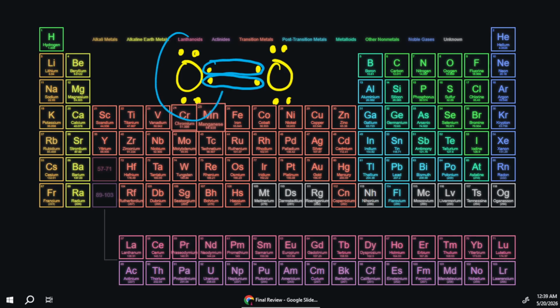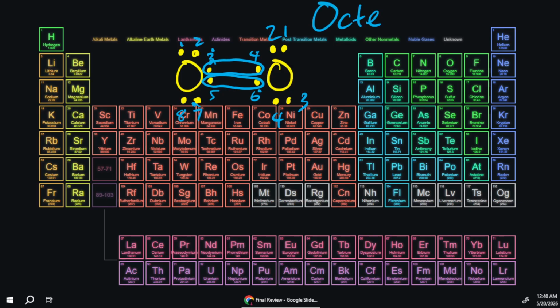So this oxygen right here will have 1, 2, 3, 4, 5, 6, 7, 8 dots. Same thing on the other side. So both oxygens are happy. They achieve the octet rule, and by sharing without losing or gaining any electrons, they just share.